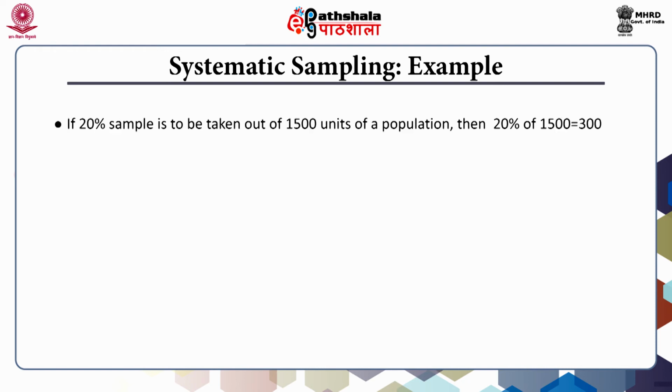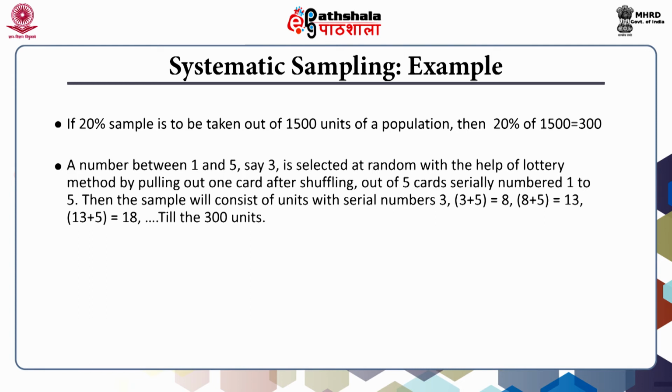If 20% sample is to be taken out of 1500 units of a population, then 20% of 1500 is 300. A number between 1 and 5, say 3, is selected at random with the help of a lottery method by pulling out one card after shuffling out of 5 cards serially numbered 1 to 5.